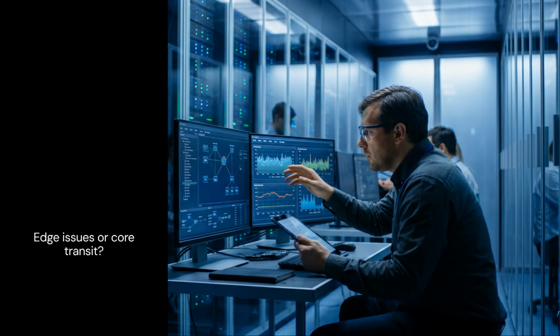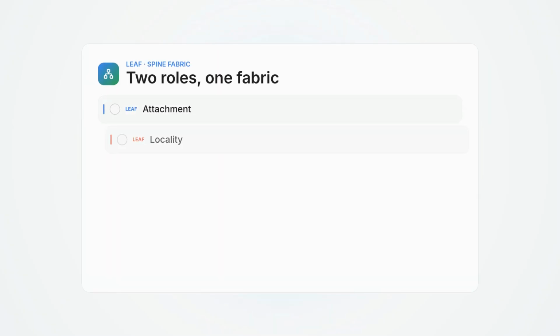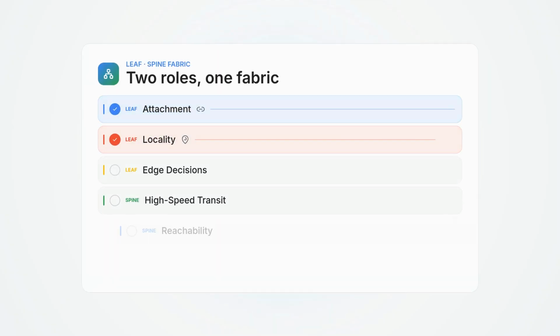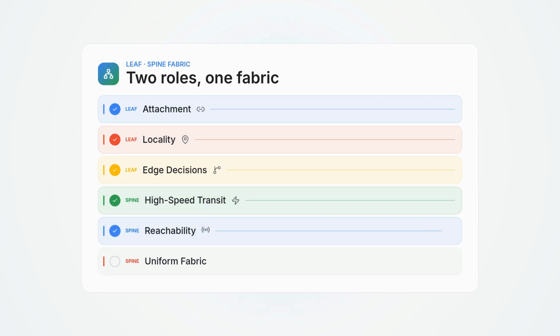When you're troubleshooting, you can quickly ask whether the issue is at the edge where the endpoints live or in the transit core that ties the fabric together. So, leaves are about attachment, locality, and edge decisions. Spines are about high-speed transit, reachability, and uniform fabric connectivity. Once you hold those roles clearly, packet flow gets easier to read on an ACI diagram.